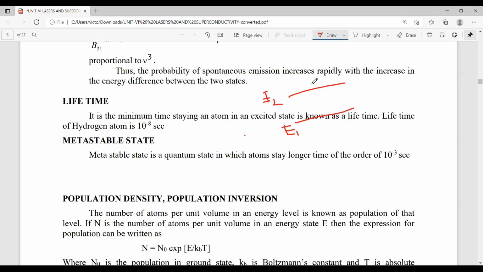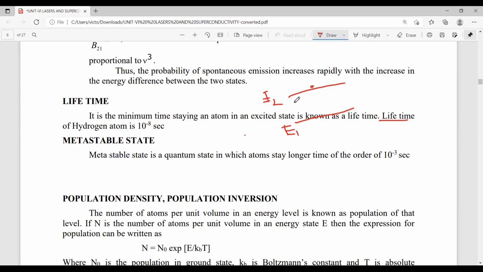Now, the time an atom stays in the excited state is taken as the lifetime. That means the minimum time an atom stays in the excited state is known as the lifetime.